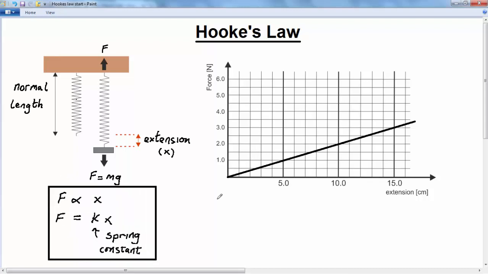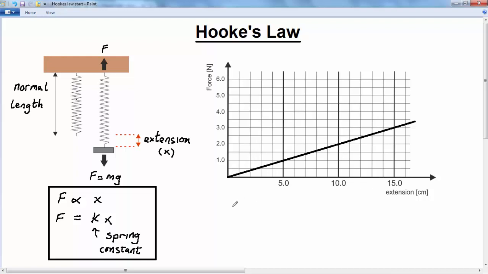In a typical question, you might be asked to calculate the spring constant for a given spring or a given wire, for example. So let's just do that for this one. The spring constant is equal to the slope of this graph. That's to say, it's equal to the vertical change in the force divided by the corresponding horizontal change in the extension.